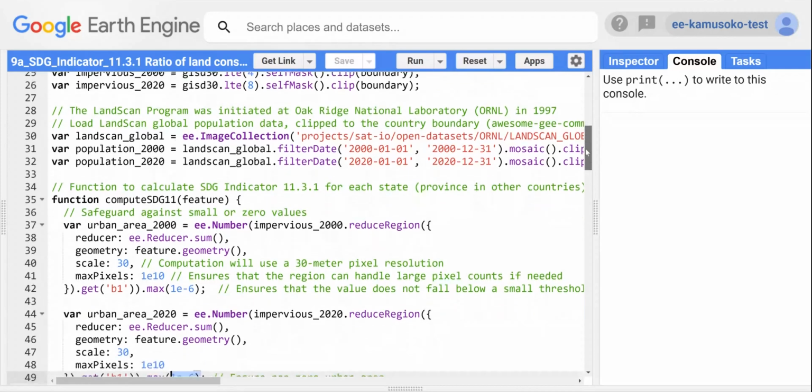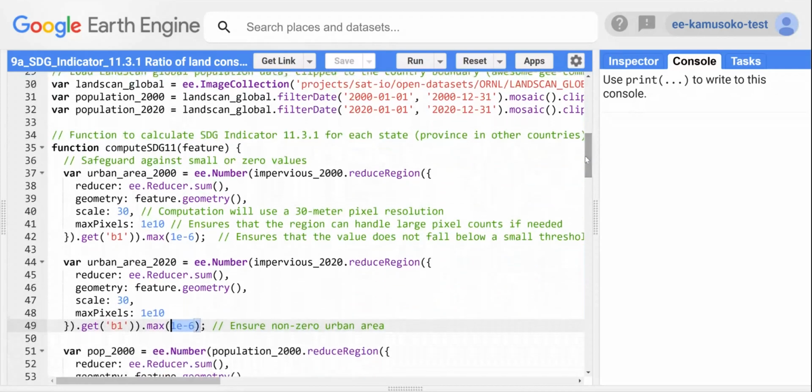Right, so next we are going to create a function that is going to calculate the ratio of land consumption to population growth rate for a given geographic region. For this tutorial, we are calculating for the states in Nigeria.